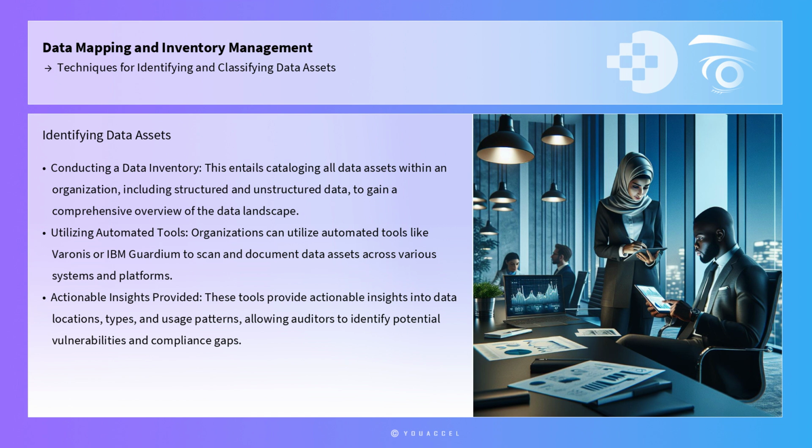This entails cataloging all data assets within an organization, including structured and unstructured data, to gain a comprehensive overview of the data landscape. Organizations can utilize automated tools like Varonis or IBM Guardium to scan and document data assets across various systems and platforms. These tools provide actionable insights into data locations, types, and usage patterns, allowing auditors to identify potential vulnerabilities and compliance gaps.